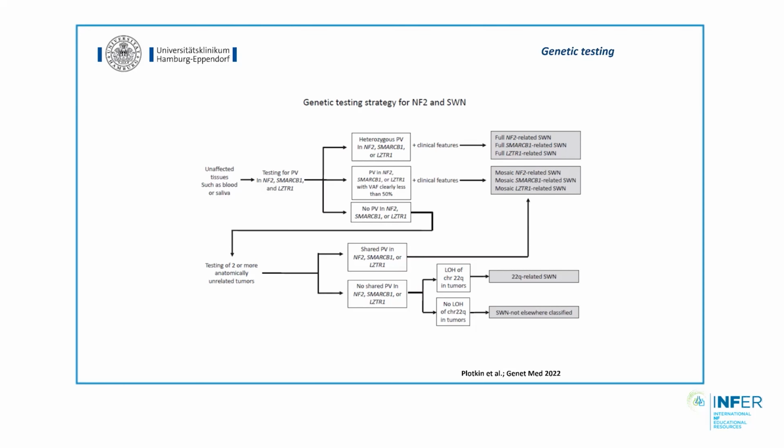Depending on the somatic mutations and maybe constitutional mutations, these entities have been described as either full or mosaic NF2-related schwannomatosis, full or mosaic LZTR1-related schwannomatosis, full or mosaic SMARCB1-related schwannomatosis, 22q-related schwannomatosis, or, if no mutation was found either in blood nor in tumor, schwannomatosis not elsewhere classified, or if no genetic testing was performed yet, schwannomatosis not otherwise specified.